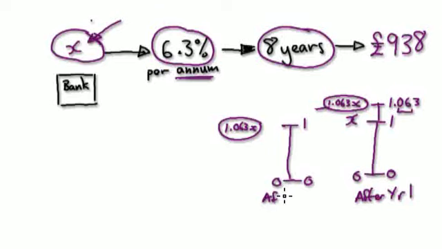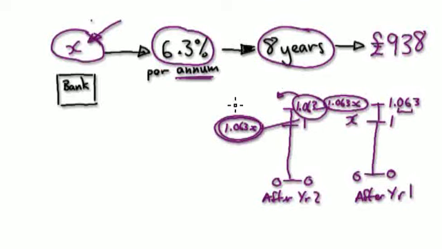After year 2, you're going to get another bit of interest, 1.063. So you take your original times this amount, and it will equal 1.063 squared x.